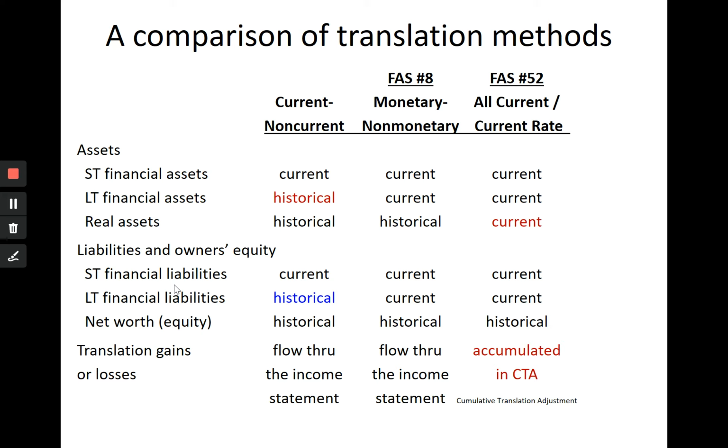In fact, all three methods affect our balance sheet, and they are reported as a separate account, and that account is called accumulated translation adjustment, or CTA account. I better say cumulative translation adjustment, so it abbreviates to CTA. And this word accumulated is used to say that every period they add on top of each other.